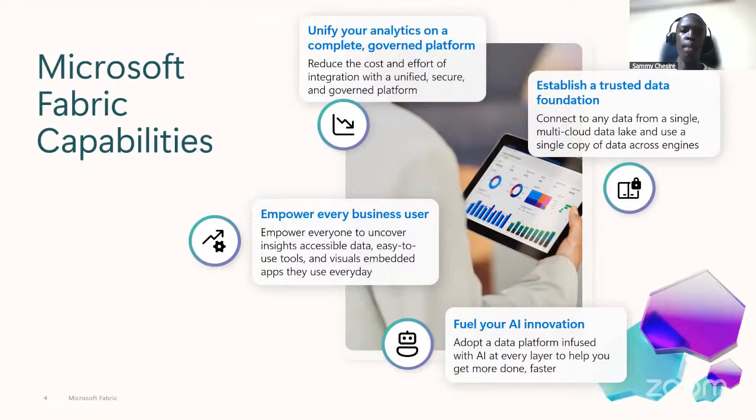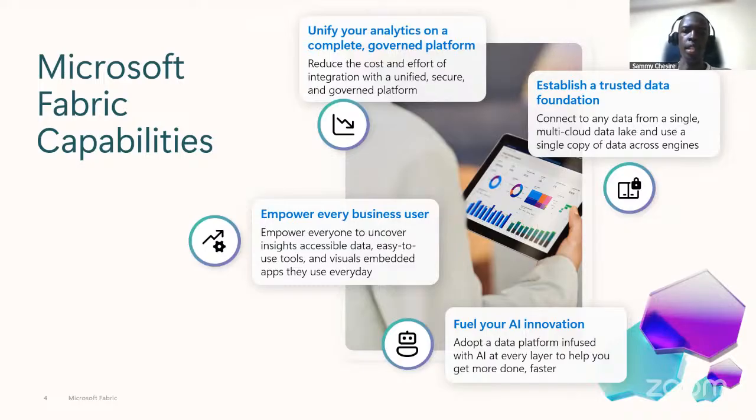You can imagine a scenario where you are collecting your data from multiple sources. Fabric helps you to first ingest that data into the Fabric workspace, store it, clean it, and visualize all the data in that one platform.